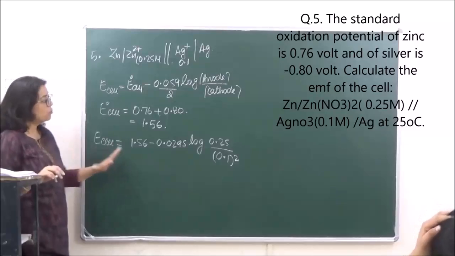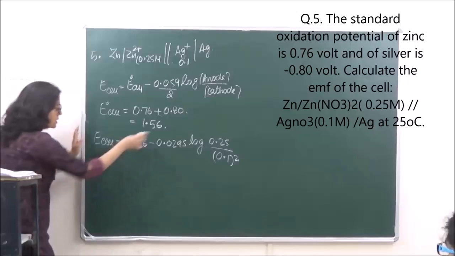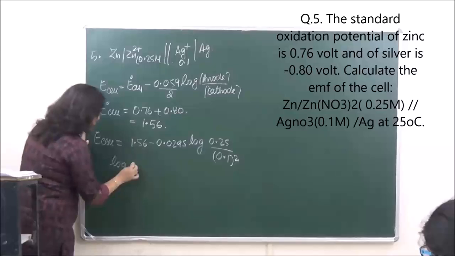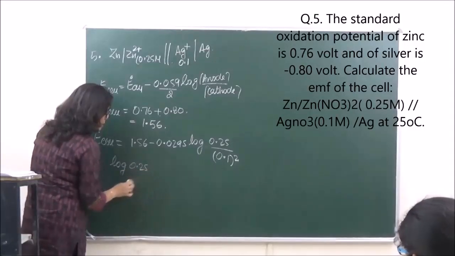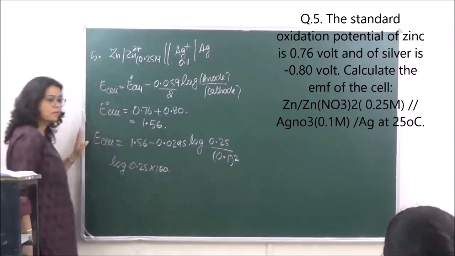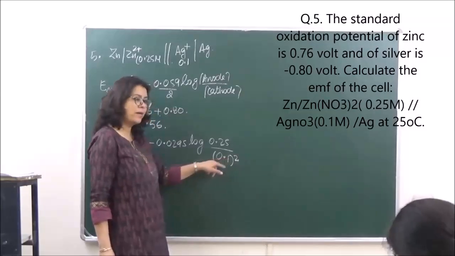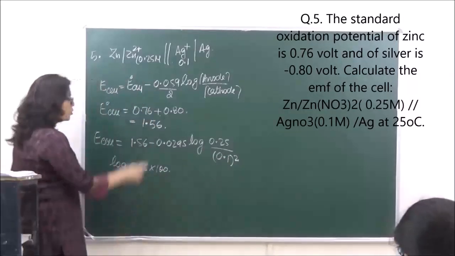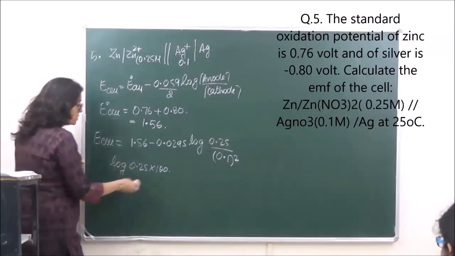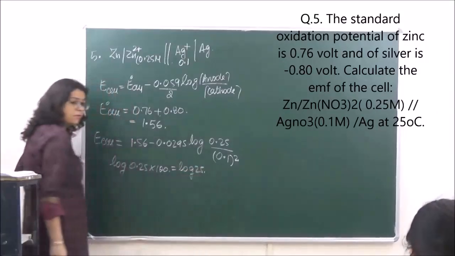ठीक है. So I am going to first separately calculate the logs for you. This can be written as log of 0.25 into 100. Log of 0.25 divided by 0.1 का square, which is 0.01, becomes 0.25 into 100. This becomes equal to log of 25.